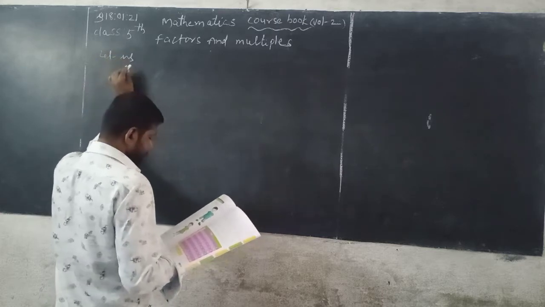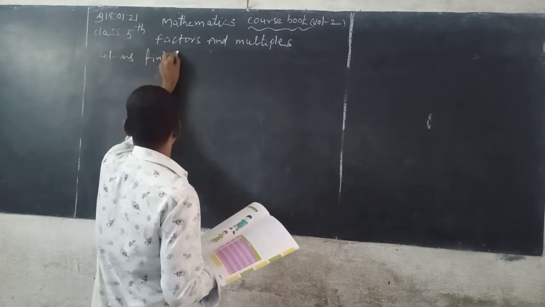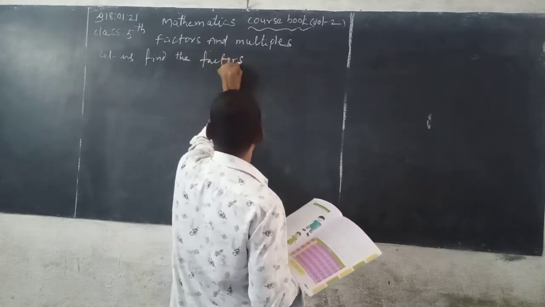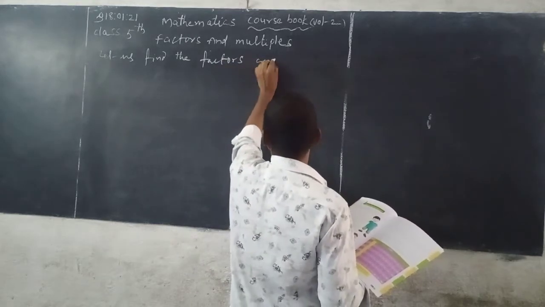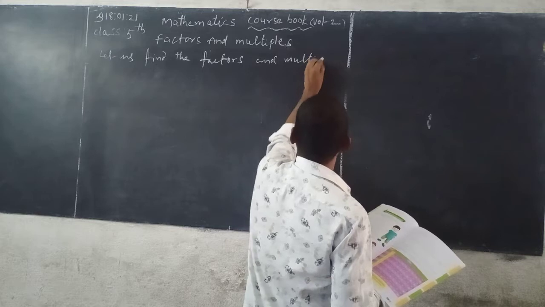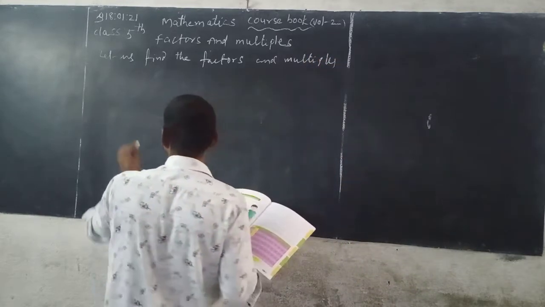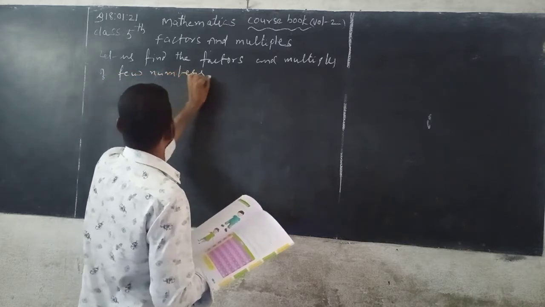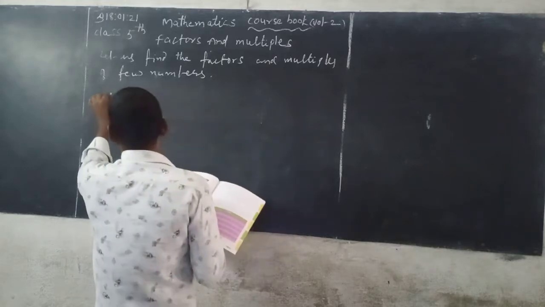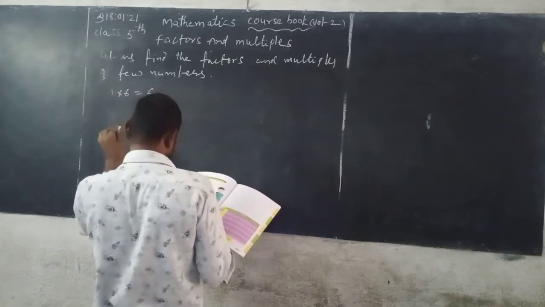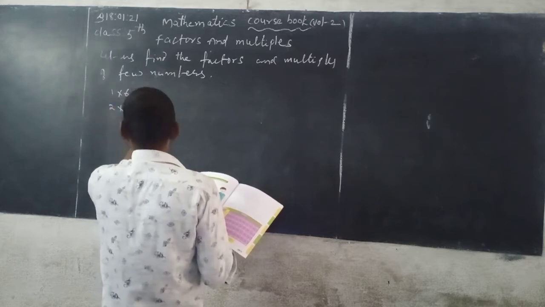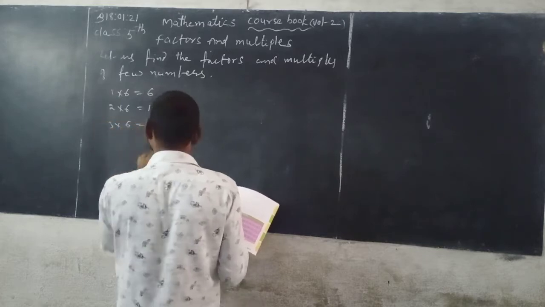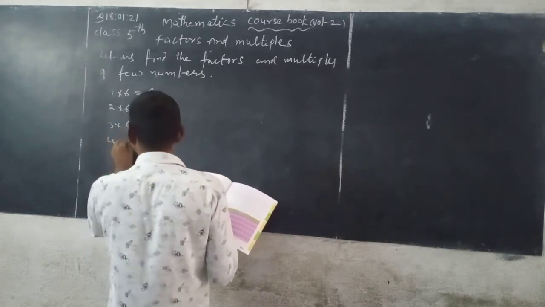Listen carefully. Let us find the factors and multiples of a few numbers. See here, 1 6 is 6, 2 6s are 12, 3 6s are 18, 4 6s are 24.